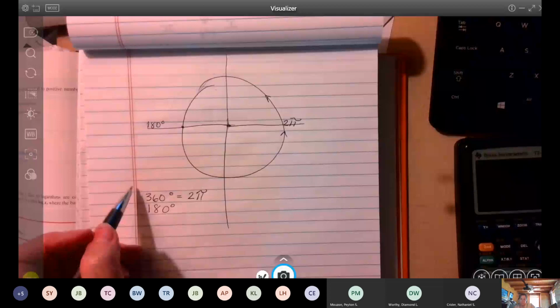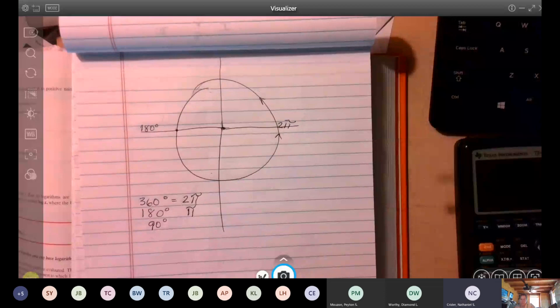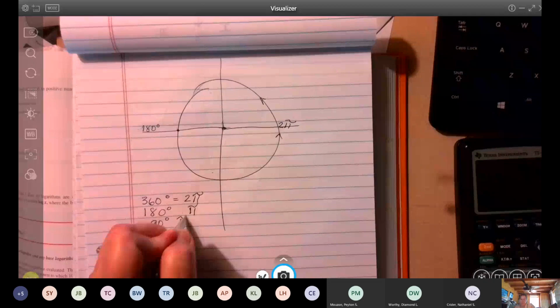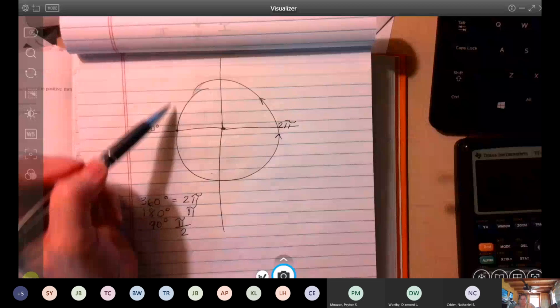What about if I do a 90-degree angle? 1/2 pi. Pi over 2. So if this is 2 pi all the way around, if I just go to here, then I've just got pi over 2.